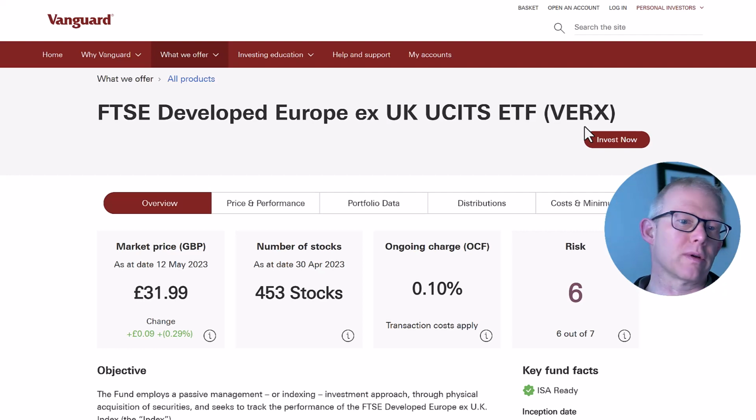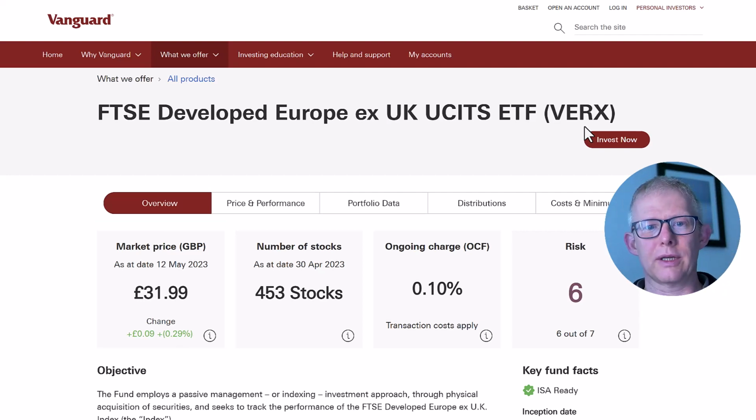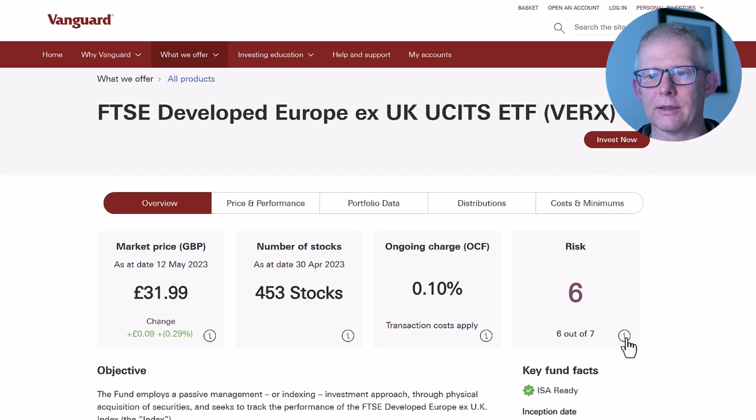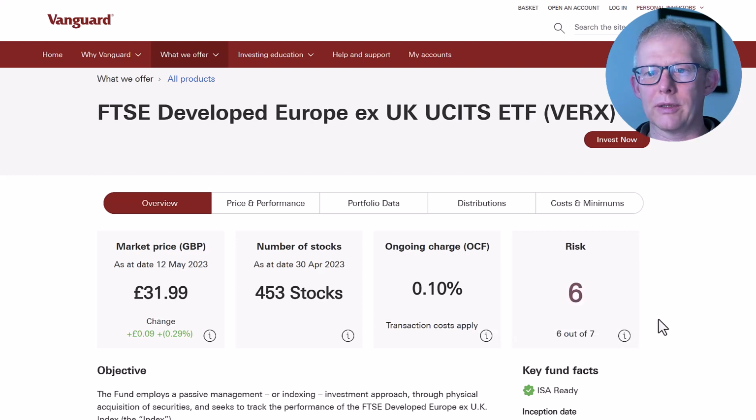This just gives you some of the basics, how much it'll cost to buy one share in this ETF, how many stocks there are within it, its ongoing charge, and the risk side of things. And this is basically just the industry standard, the synthetic risk and reward indicator, and this is on the higher end, but this is where most ETFs on the Vanguard platform sit.